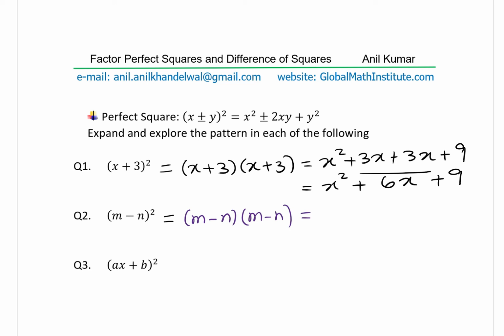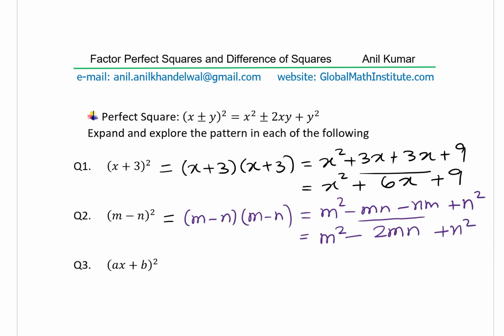Again, applying the distributive property, we get m squared minus mn. Now with minus n, minus n times minus n becomes plus n squared. The center terms here also, both are negative, they get added up. And so what you get is m squared minus 2mn plus n squared.